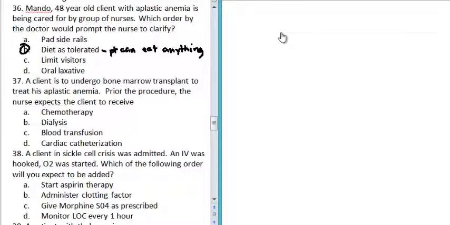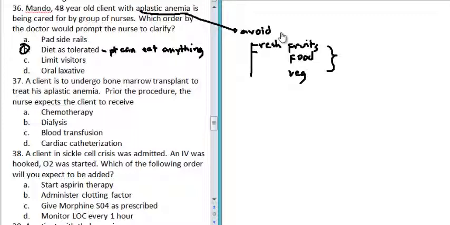A patient with aplastic anemia should avoid fresh fruits, fresh food, and fresh vegetables, because they contain microorganisms. Aplastic anemia has decreased RBC, decreased WBC, I should say, so the patient is prone to infection. So B is the answer. You need to clarify.